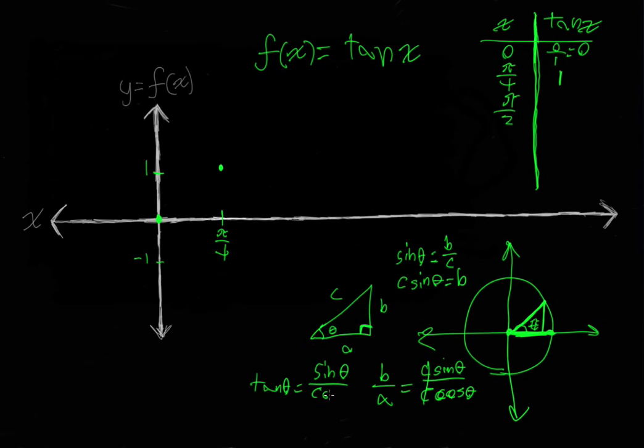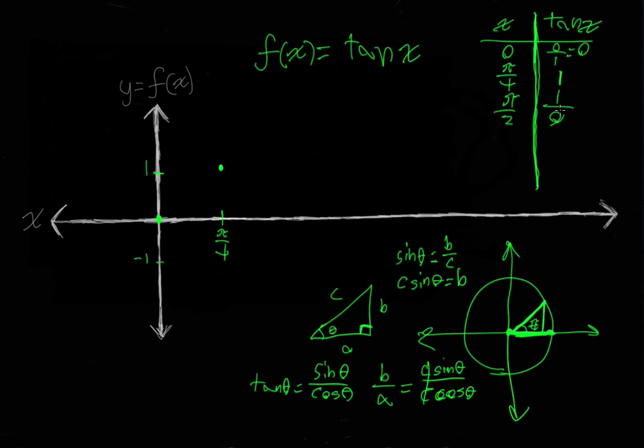This just might make it easier, because what is the sine of pi over 2? Well, the sine of pi over 2 is 1, but the cosine of pi over 2 is 0. So if we take 1 divided by 0, that's getting pretty large. That's undefined. Essentially, it's getting to infinity the closer we get to it. If we have 1 over something really tiny, we're essentially getting a really huge number.